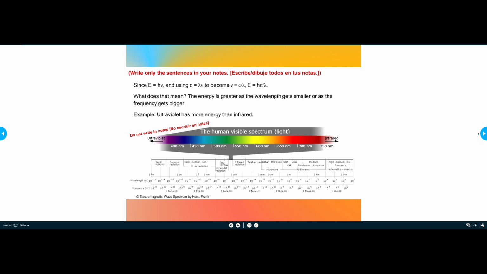What does that mean? The energy is greater as the wavelength gets smaller, or as the frequency gets bigger.